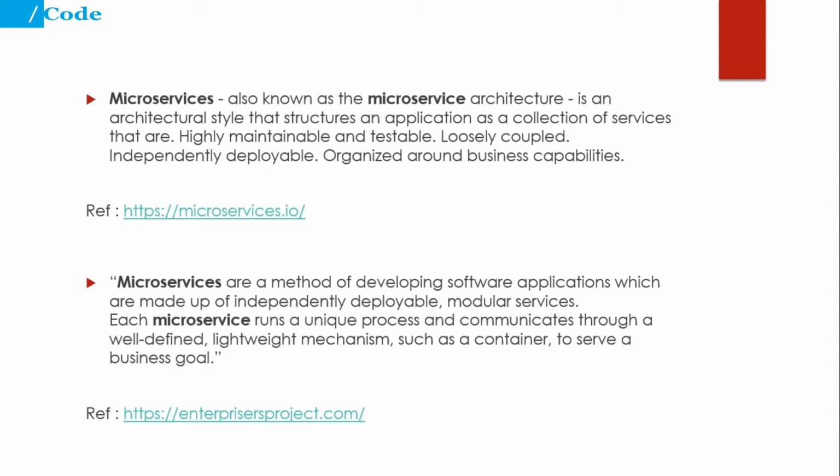It is highly maintainable and testable, and loosely coupled. Each module is independent of the other modules, so they can be deployed independently on the server and serve the business requirement for which they are designed.